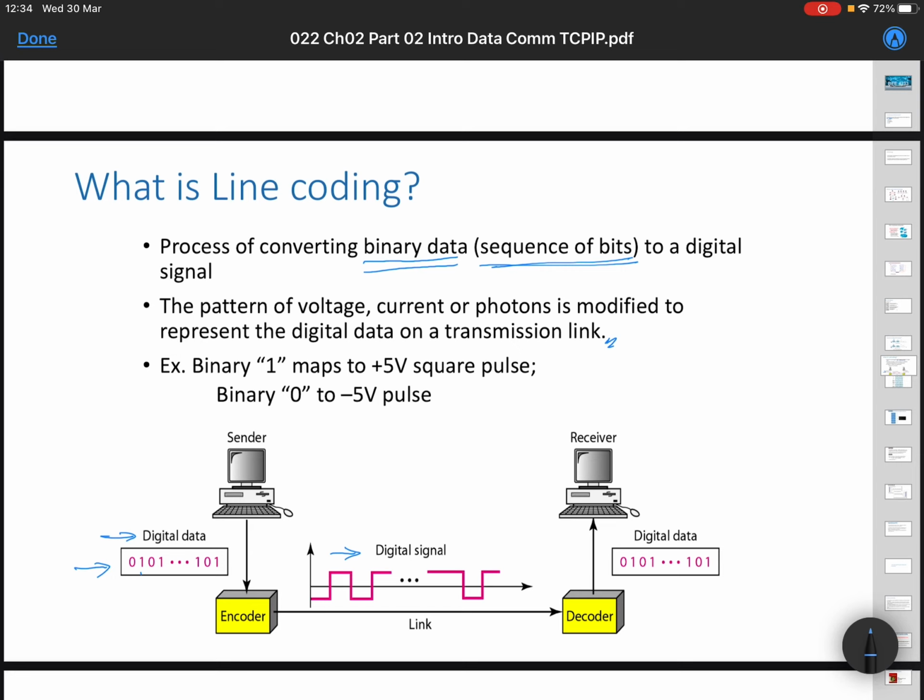For example, binary 1 is mapped to plus 5 volts. This is common. 1 is represented by 5 volts, 0 is represented by minus 5, or sometimes 0.